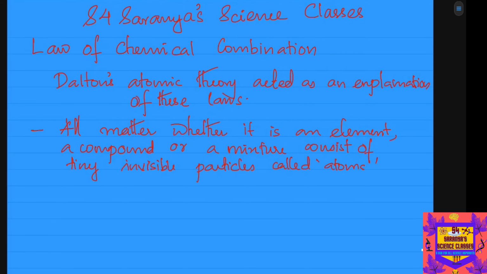So this was the major concept of Dalton's atomic theory. All matter, whether element, compound or mixture, consists of tiny indivisible or invisible particles. They are very tiny, we cannot see them with our naked eyes. So invisible and indivisible particles called atoms. This was the first major concept of John Dalton.